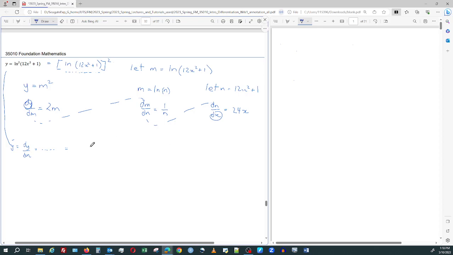So then we put them all together: 2m times 1 over n times 24x. Now we can go about putting the m's and the n's back in.